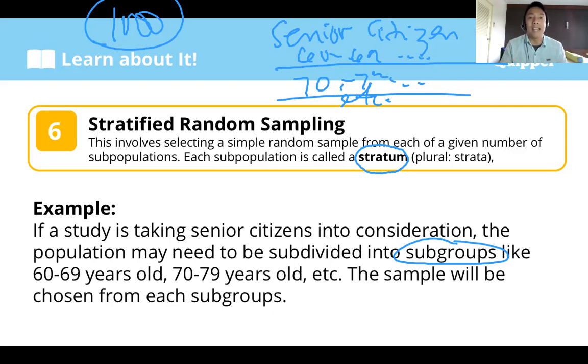For example, something like that. And then you will ask grades 7, 8, 9, and 10. That will be the junior high school students.